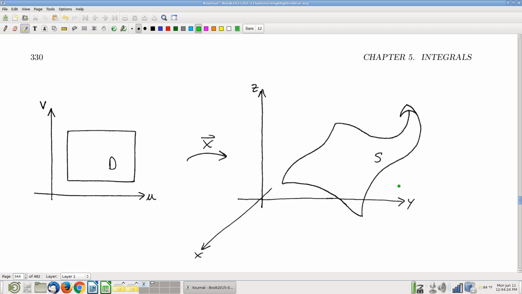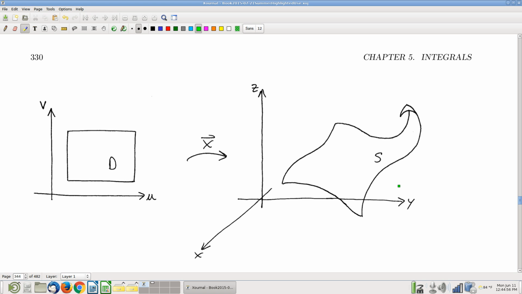Well, we decided to recognize that it was a domain that we don't like, and we parameterized, because parameterizing takes the domain that we don't like and views it as an image of something that we do like, and then we did a pullback. So by finding it as an image, we were able to take an integral whose primary annoyance was that it's dimensionally weird, and pull it back to an integral on a domain that's not dimensionally weird. So we're going to do the exact same thing here.